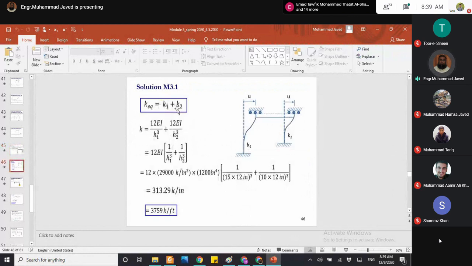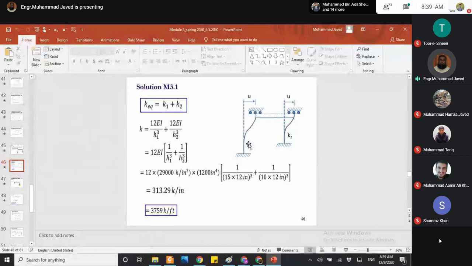This is shown here, and as I told you, since it is given that the stiffness of beam connected to the column is too high, in such case beam column joint can be considered as fixed support, and we can consider both columns as fixed-ended columns.